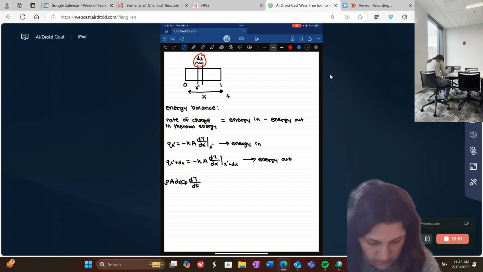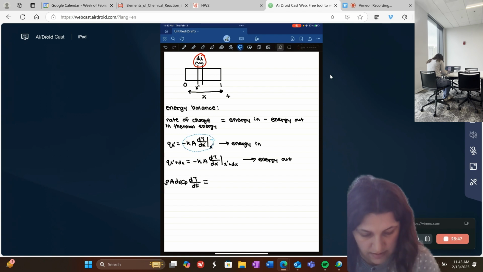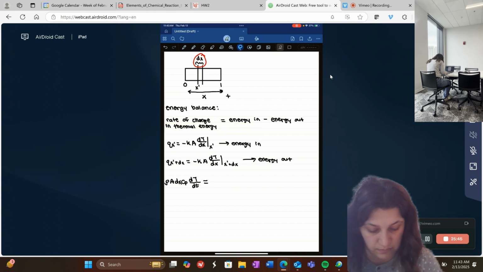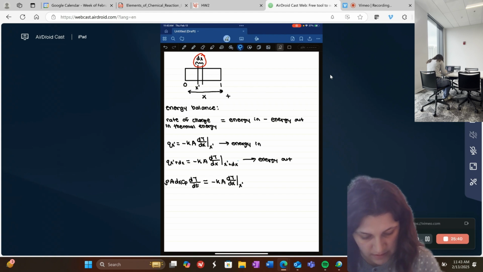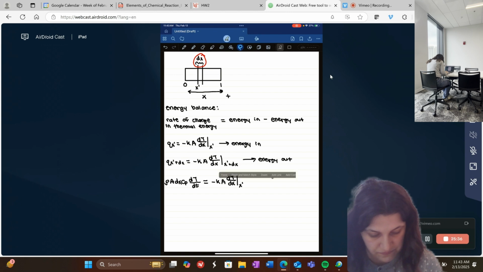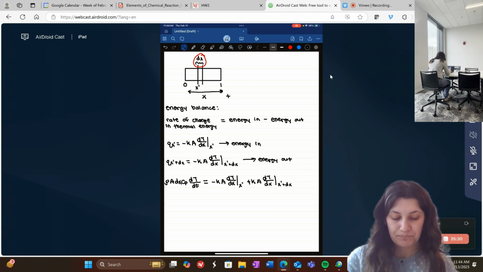And this is equal to our energy in, which we expressed up here, minus our energy out. Of course, a minus times a negative sign makes a positive, so we need to change that sign there.